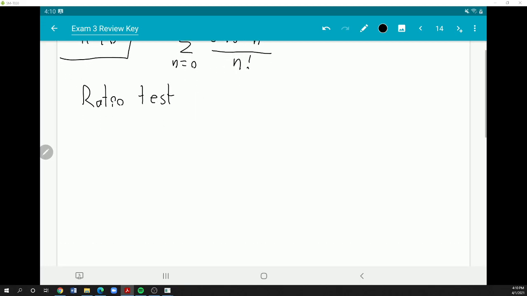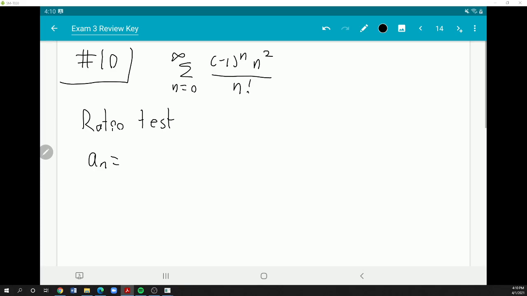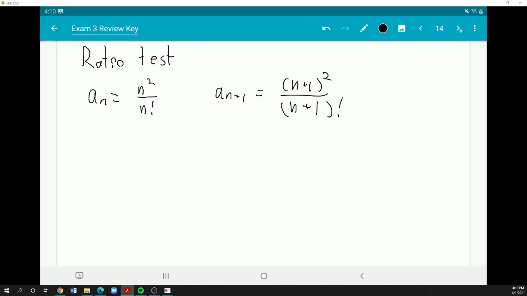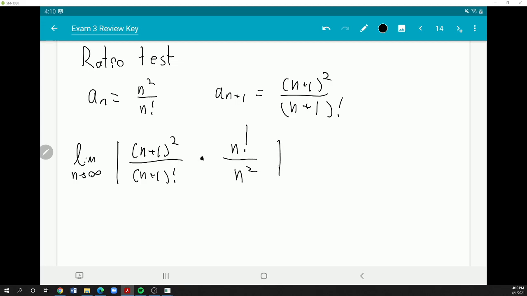Ratio test. So a_n is n squared over n factorial. a_(n+1) is n plus 1 squared over n plus 1 factorial. And now I take the limit as n goes to infinity of a_(n+1) divided by a_n, but that's the same thing as multiplying by the reciprocal because it's a fraction.